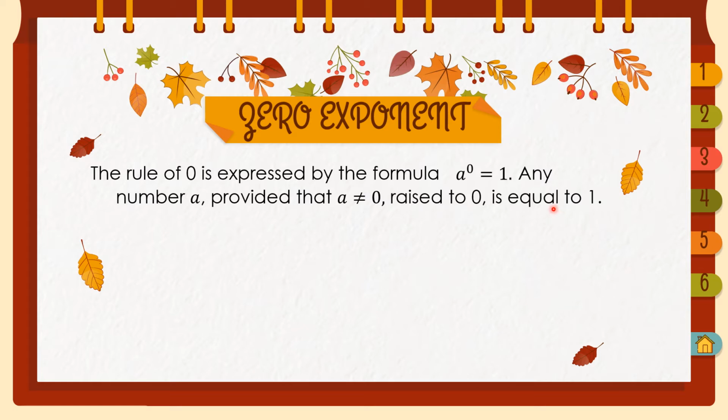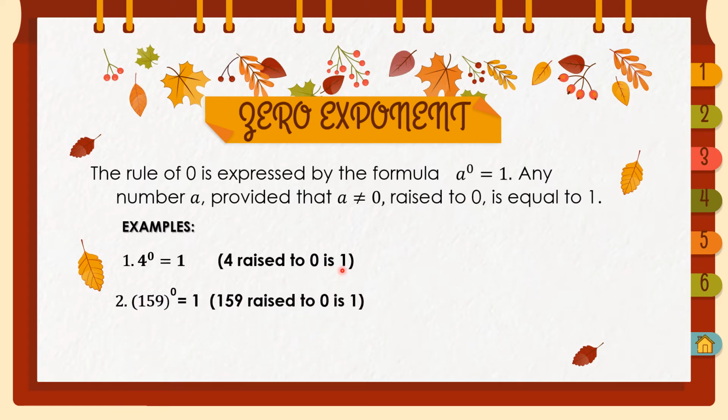So, yung rule po natin, always remember, any number raised to 0 is always equal to 1. Example number 1, A raised to 0 is equal to 1, or 4 raised to 0 is equal to 1.